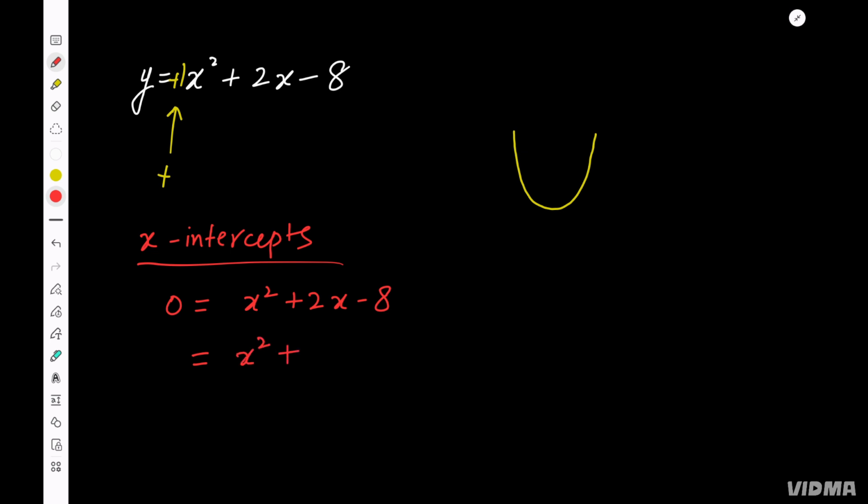We have to do the middle term break. The factors are 4 and 2. Plus 4 minus 2 would give us 2, and 4 multiplied by minus 2 is minus 8. The common factor from the first two terms is x, and from the next two terms is minus 2.